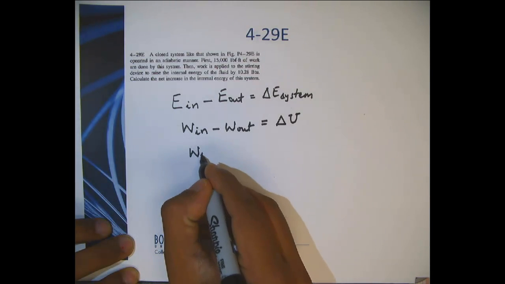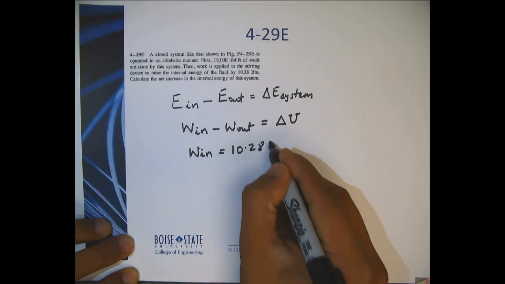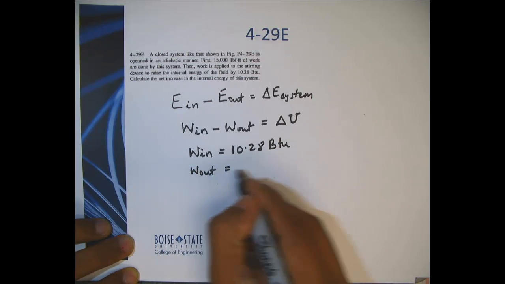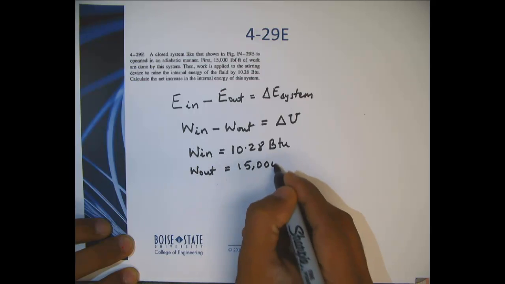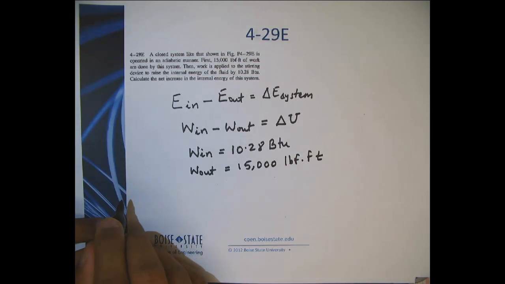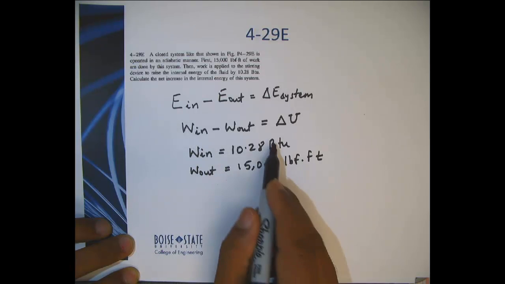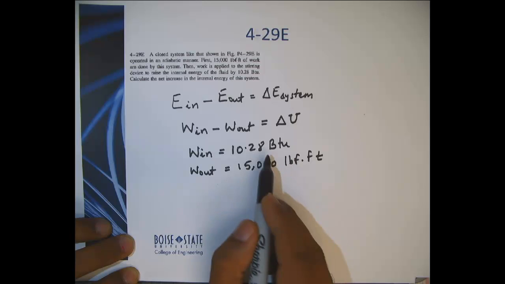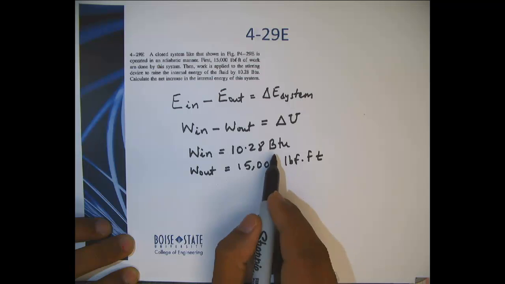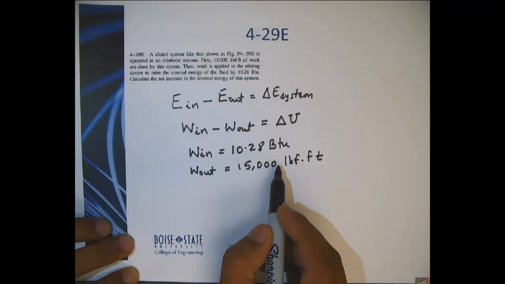We are already given that the amount of work put in is 10.28 BTU, and you're given that the work out was 15,000 pound force times feet. Immediately you might jump in and take the difference, but see the units are different, so make sure you convert them. You can convert them to either BTU or pound force feet, it doesn't matter, but make sure they're consistent.